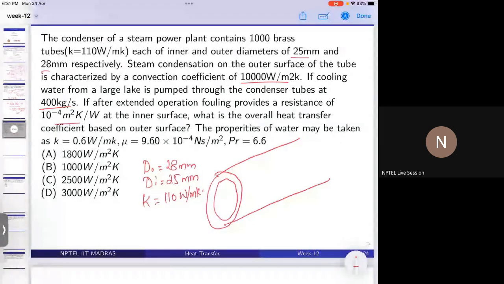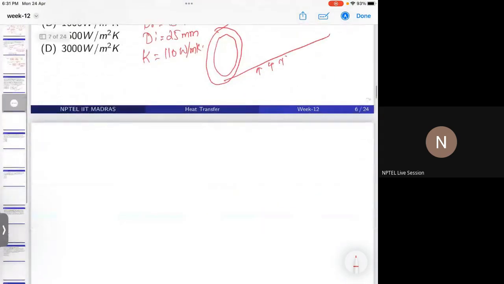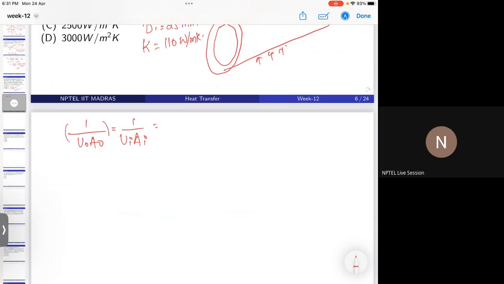Okay, so if you write the resistance equal to 1 by UA, as it is asked, based on the outer surface area, I will be taking 1 by HiAi plus the fouling resistance, plus ln(Do/Di) by 2 pi KL, which is the conduction resistance, plus 1 by HoAo.